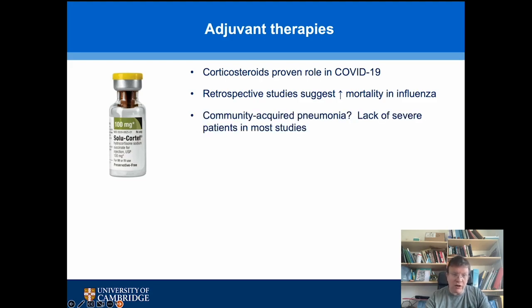In community-acquired pneumonia, there have been trials of corticosteroids. Whilst the balance of evidence may be just about in favour, certainly this is not definitive, and studies do give us conflicting results. So I think at the moment it remains unproven.